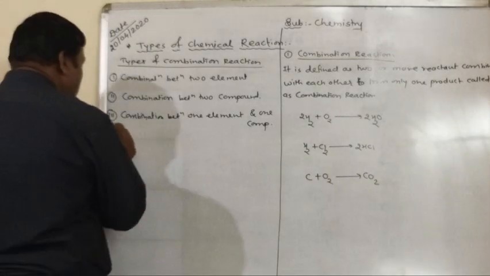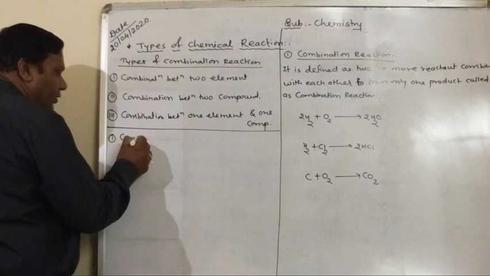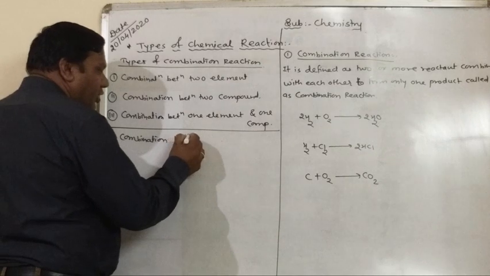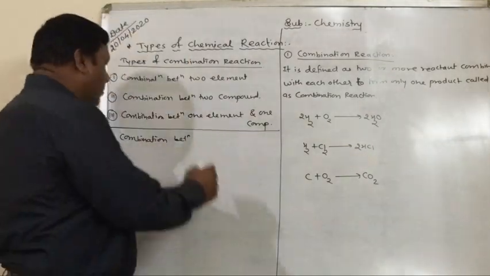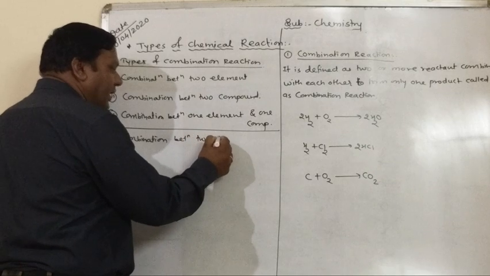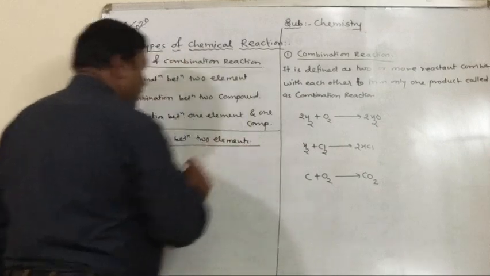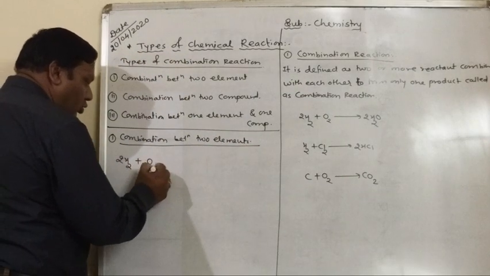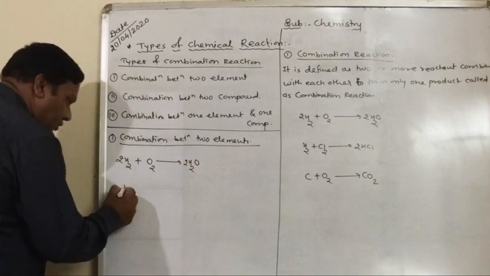First of all, combination between two elements. You know the elements, already studied in class 9. So 2H2 plus O2, you will get 2H2O.